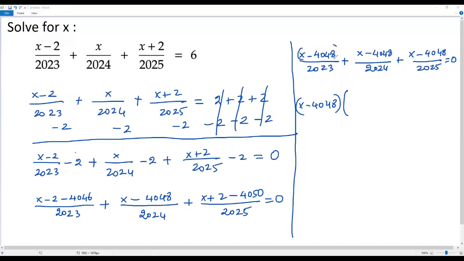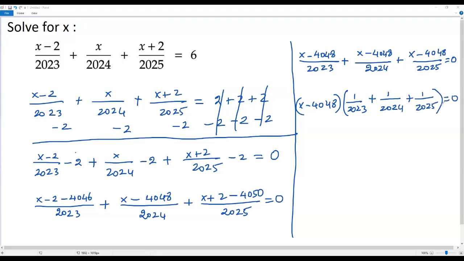I have to assume it is multiplied by 1. If this one is factored out, we'll have 1 left in the numerator of the first fraction, so 1 over 2023. The same assumption I make for the second fraction: it is multiplied by 1, so we'll have 1 left, and the second fraction becomes 1 over 2024, plus, the third fraction, 1 over 2025, equals 0.